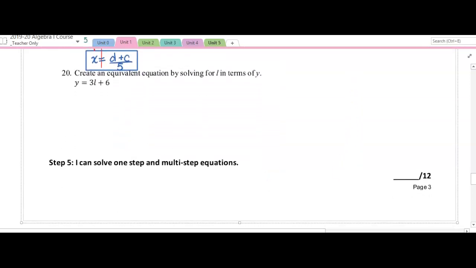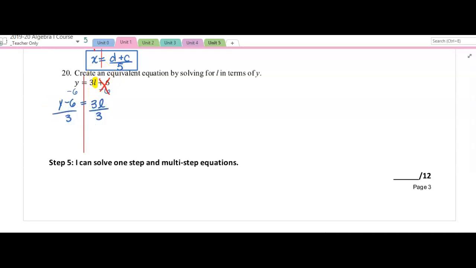Let's solve for L in terms of y. That means get L by itself. The first thing I'm going to do is subtract 6 from both sides. The 6's cancel. y minus 6 equals 3L. And then finally I divide by 3. y minus 6 divided by 3 equals L. That can be an answer, or we could take it a step further.